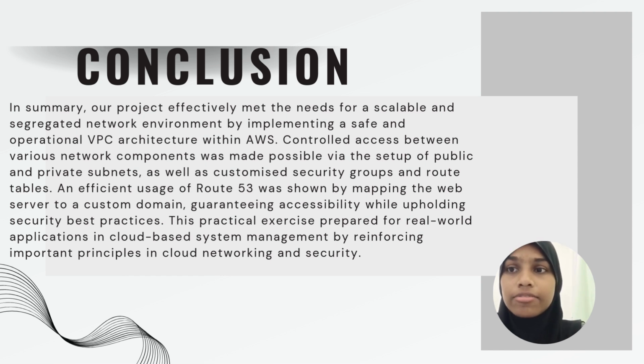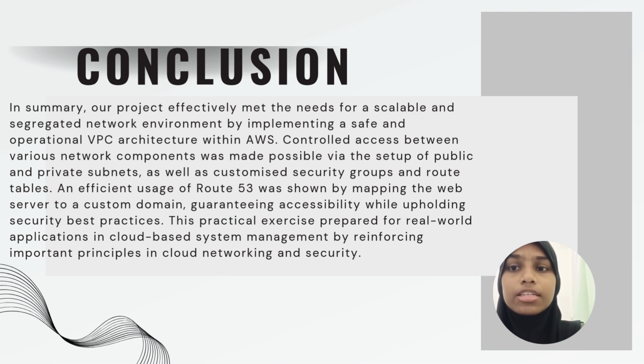Conclusion: this effectively meets the need for a scalable and integrated network environment by implementing a safe and operational VPC architecture with AWS. Controlled access between various network components was made possible via the setup of public and private subnets, as well as customized security groups and route tables.